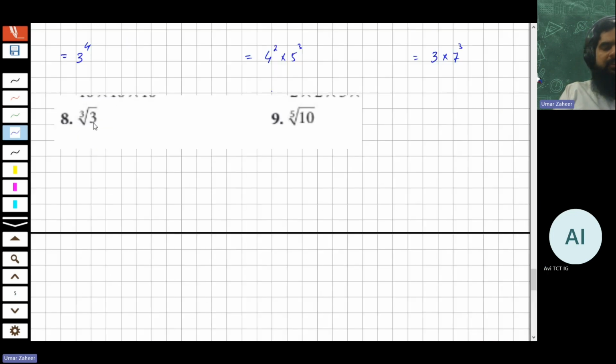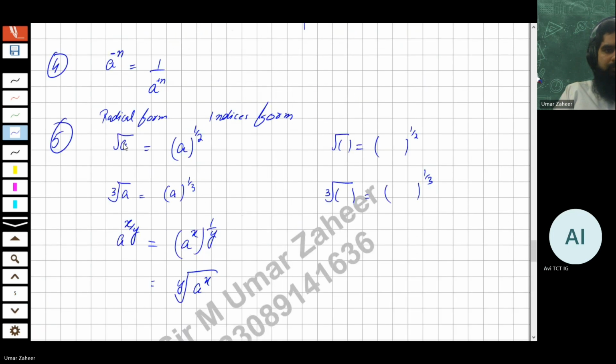Now here you have to write it in a radical form. You have to convert it into the indices. What will be equal to 3 raised to power 1 by 3?